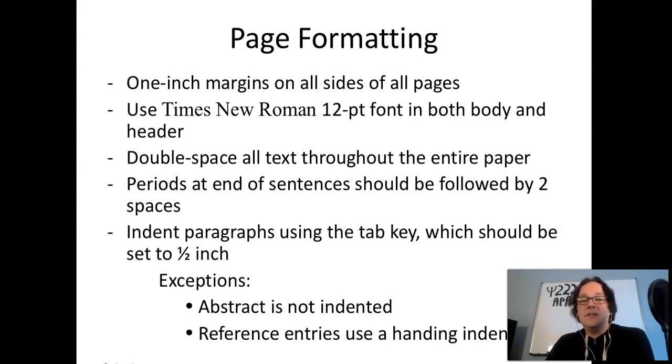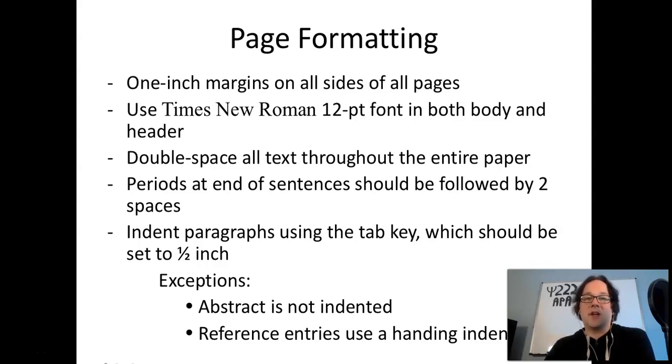For indentation, we indent paragraphs using the tab key, which should be set to 1/2 inch. So just your factory settings on Microsoft Word or most other word processing software will be 1/2 inch. So 1 tab key for indentations, and we indent all paragraphs except for the abstract.